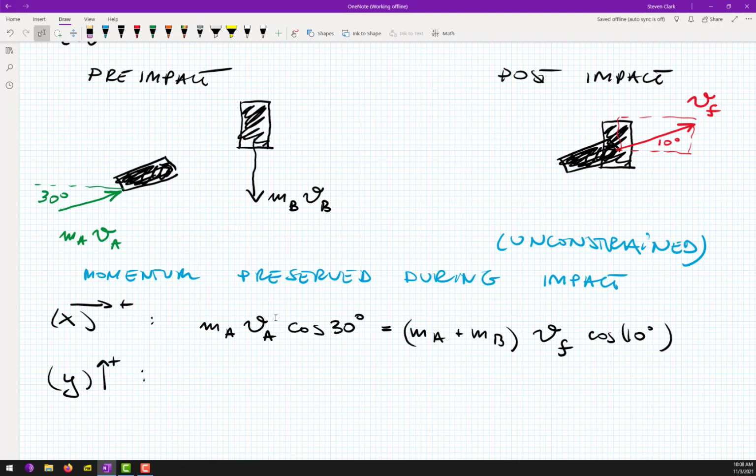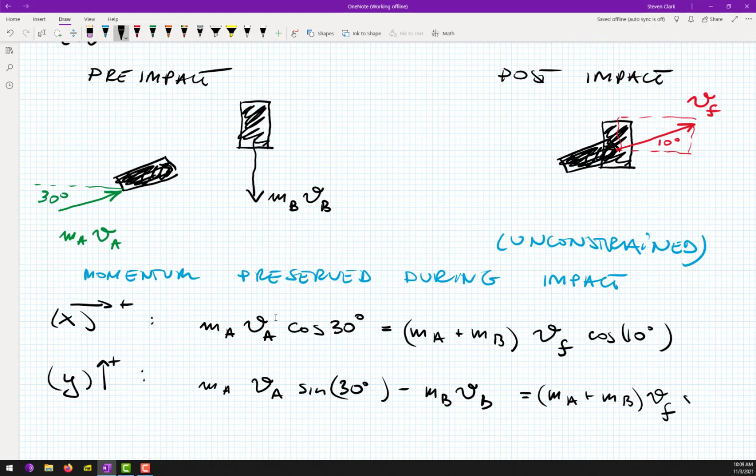Okay, in the y direction, we have MA VA sine 30 minus MB VB. And at the end, we will have (MA plus MB), exactly the same as in equation number 1, just there will be sine instead of cosine. Sine 10. Great. Okay.